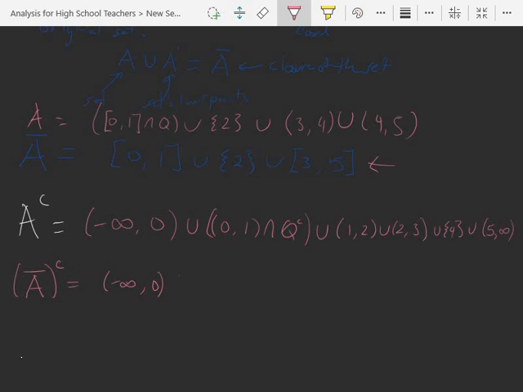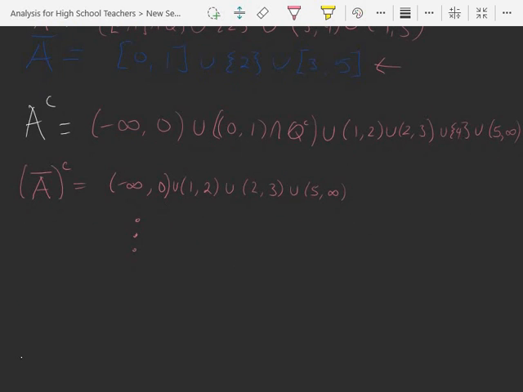I go from 1 until 2. I get 2 until 3. And I get 5 off to infinity, right? So I've got more stuff, not as much stuff as A complement itself, because I took away the complement of the limit points too. If you repeatedly do this, how many different sets can you get?